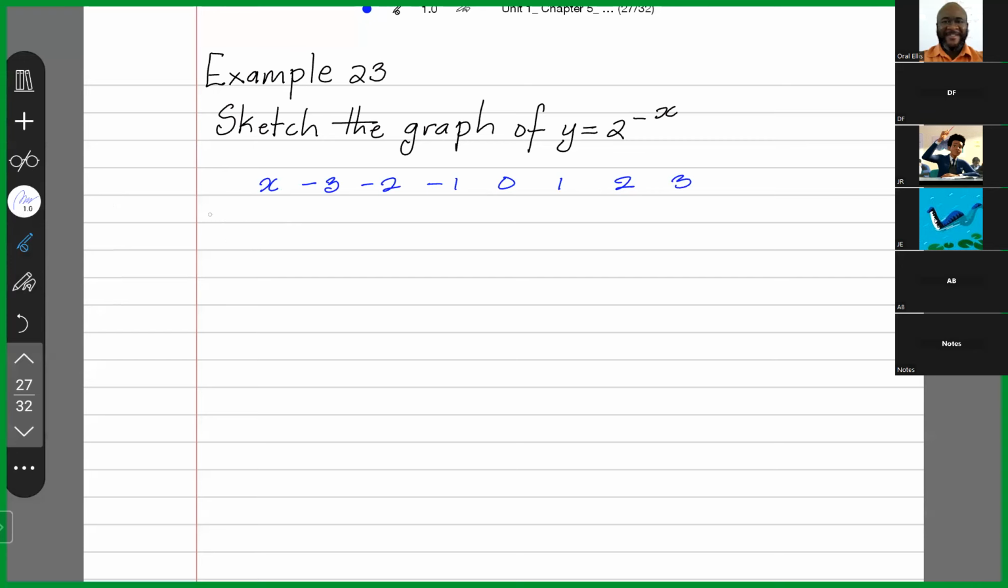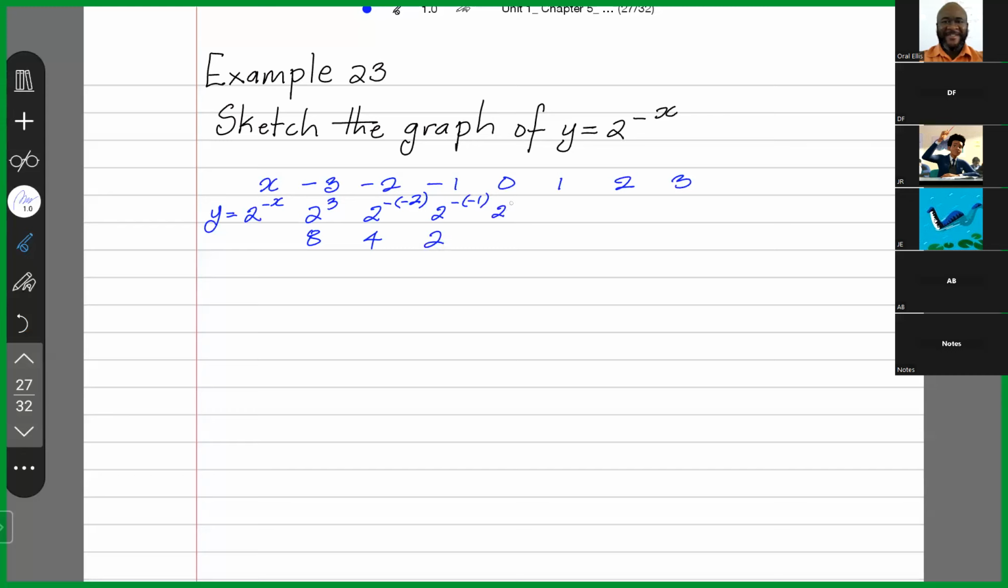And then now y, which is equal to 2 to the, sorry, it's not 2 to the x, it's 2 to the minus x. So minus would be plus. So this would actually be 2 to the third, which is 8. This would be 2 to the minus 2, which is 2 squared, which is 4. This would be 2 to the minus 1, which is 2 to the 1, which is 2.